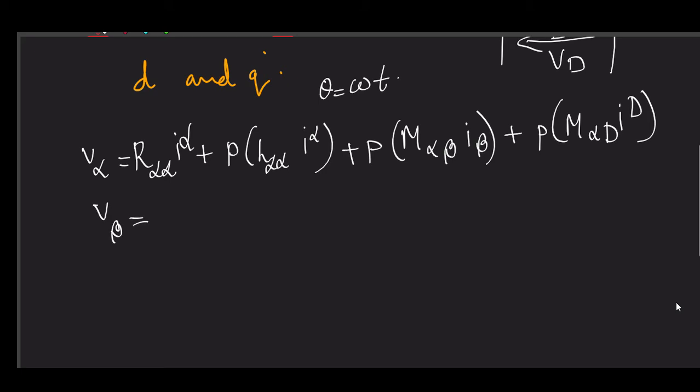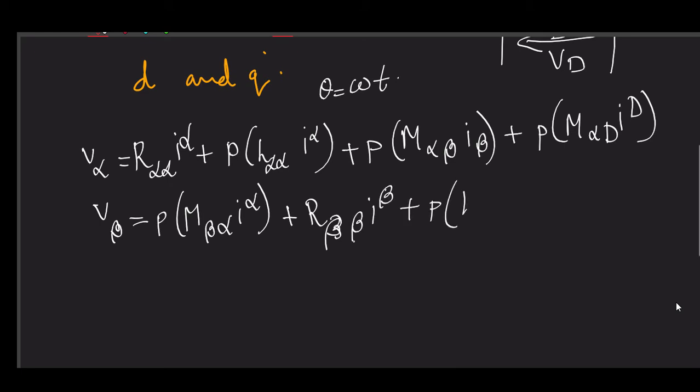So V beta is equal to P M beta alpha I alpha plus R beta beta I beta plus P L beta beta I beta plus P M beta D I D.